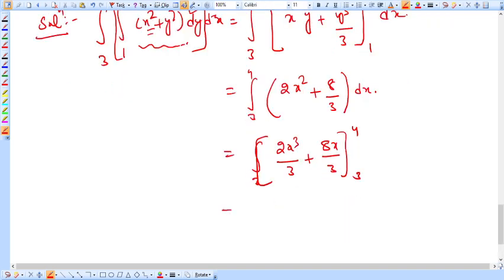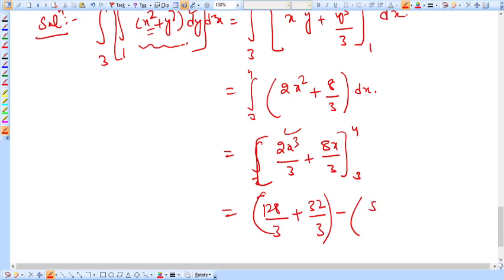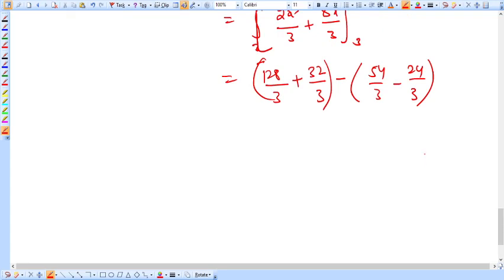After this you just solve it. 4 into 4 is 16, into 4 is 64, so 128 divided by 3 plus 32 by 3, minus 54 by 3 minus 24 by 3. Just calculate it, how much it comes to.